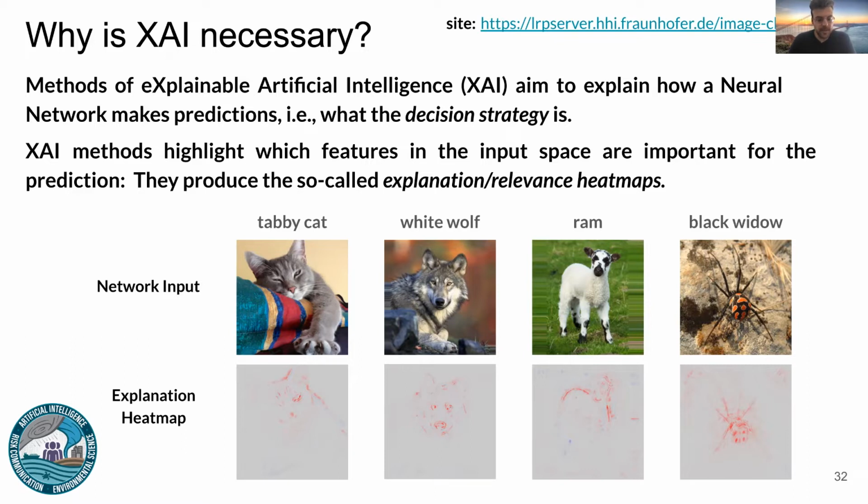There are some features that are highlighted in blue color. This typically means that those features made the network less confident about its decision. And in contrast, the features that are highlighted with red color are those features that made the network more confident about its decision.